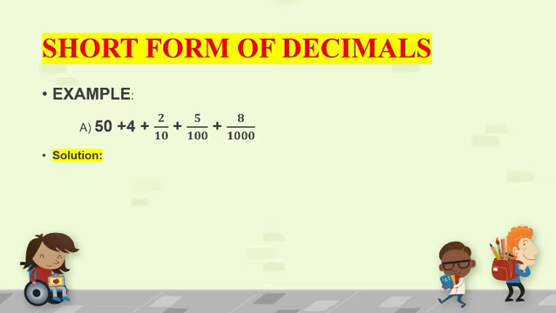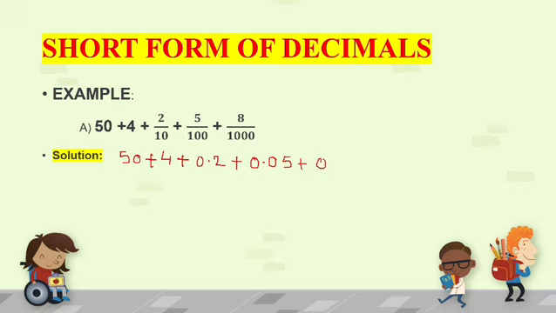First, we are going to change this into decimal. We are going to write 50 as it is. 50 plus 4 plus 2 by 10 in decimal form, 0 decimal 2, plus 5 by 100, so it will be 0 decimal 05, plus 8 by 1000.